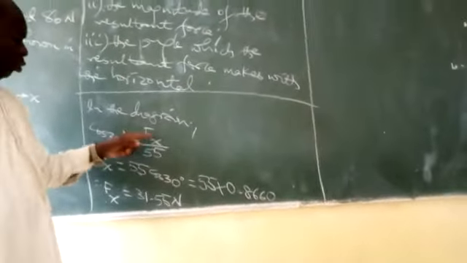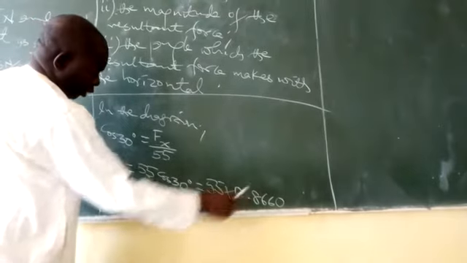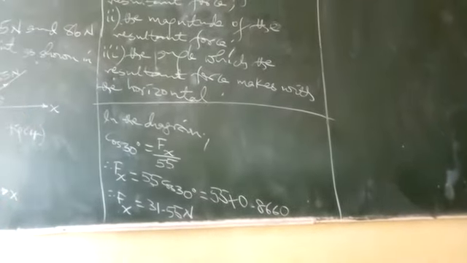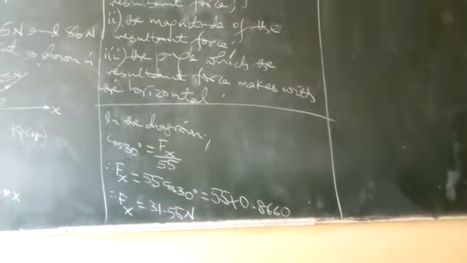If we cross multiply, f sub x is equal to 55 cos 30, and cos 30 is 0.8660. So 55 times that will give you 47.63 Newton.